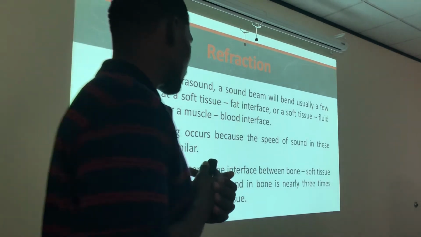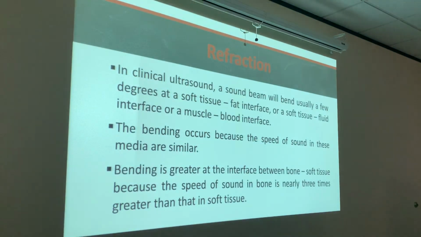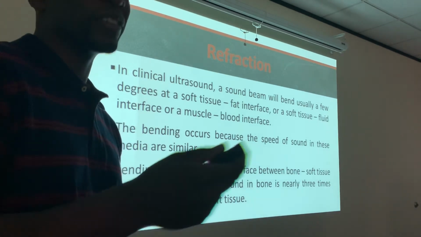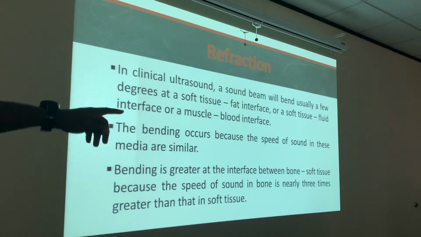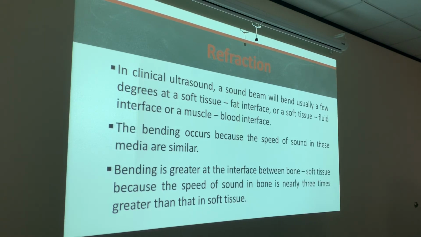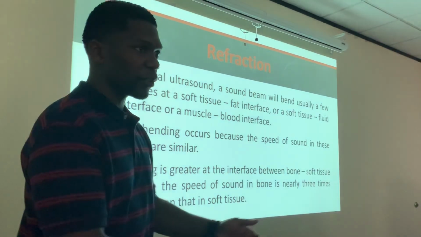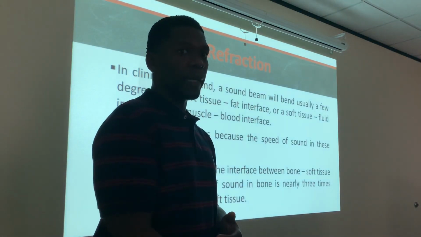That's the table: 3,500. Thank you, sir. That big difference in propagation speed between bone and soft tissue, bone being 3,500, soft tissue being 1,540, is going to create a greater bend. The bigger the difference between the propagation speeds, the larger the bend.